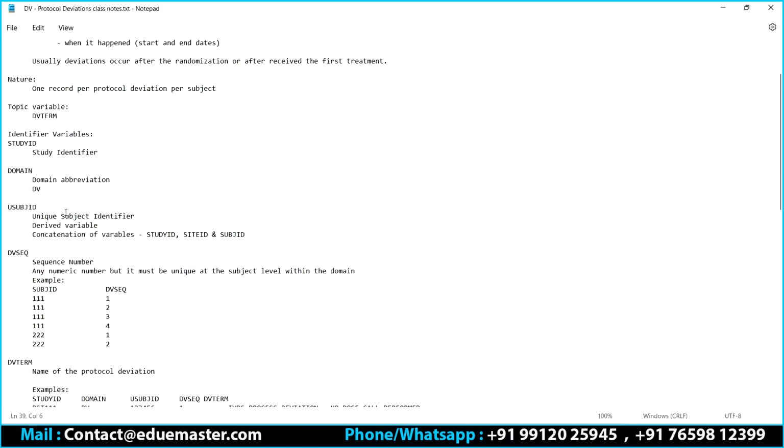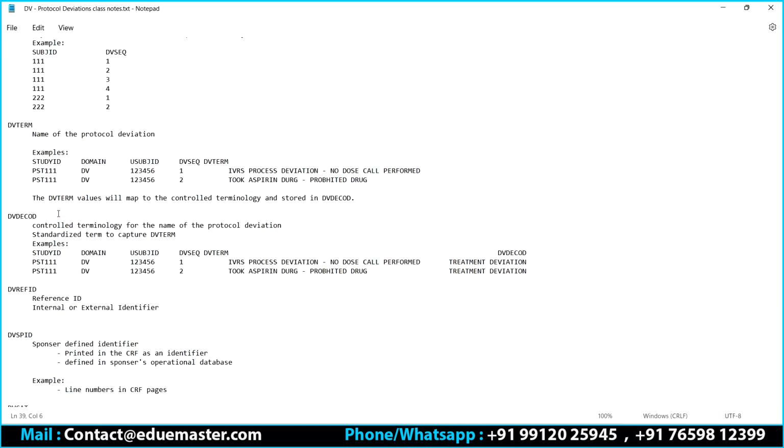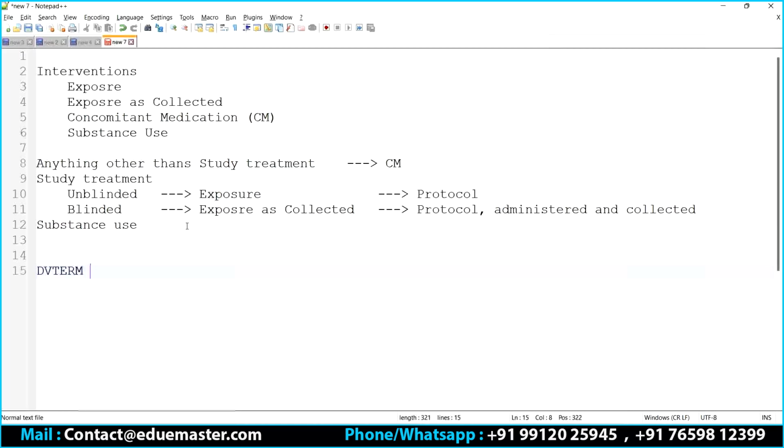Remember one thing, maybe the most important thing, even in your exposure domain. Let's say exposure as collected domain, the one that we are discussing. In this, there is going to be a variable called EC occur. So we have MH occur, we have AE occur and all, correct?